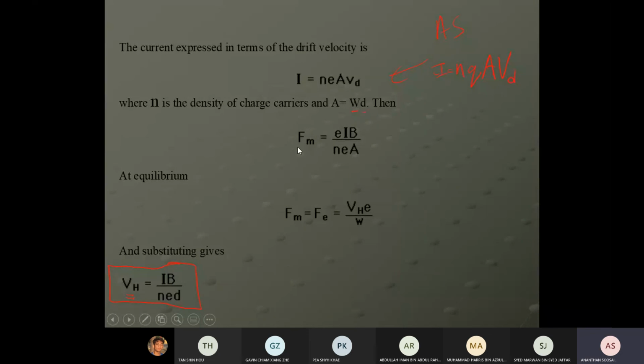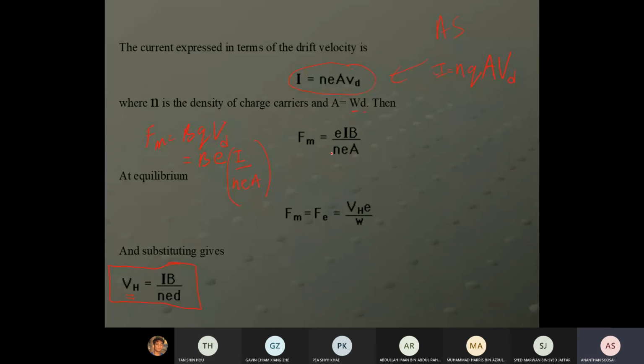So what is the magnetic force? What is your original magnetic force formula? The magnetic force formula is BQV. We put E for the charge, and V is the drift velocity. Can you get it from here? What is drift velocity? Drift velocity is I over nEA, correct?